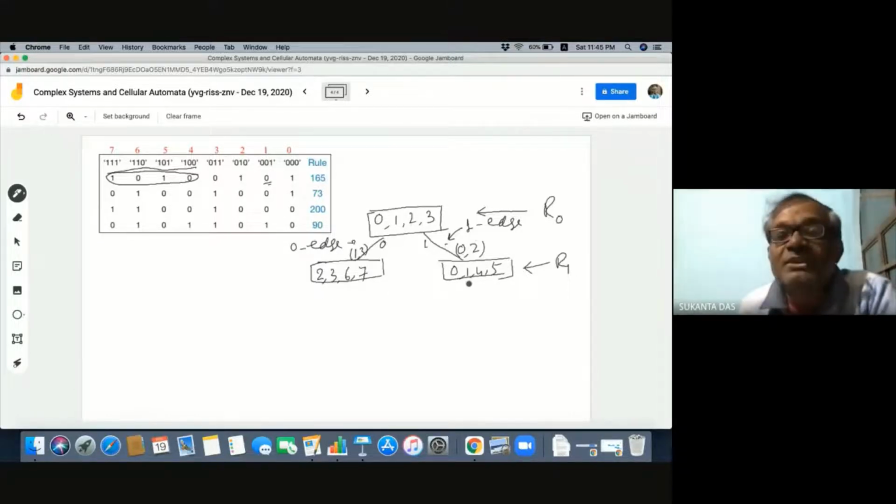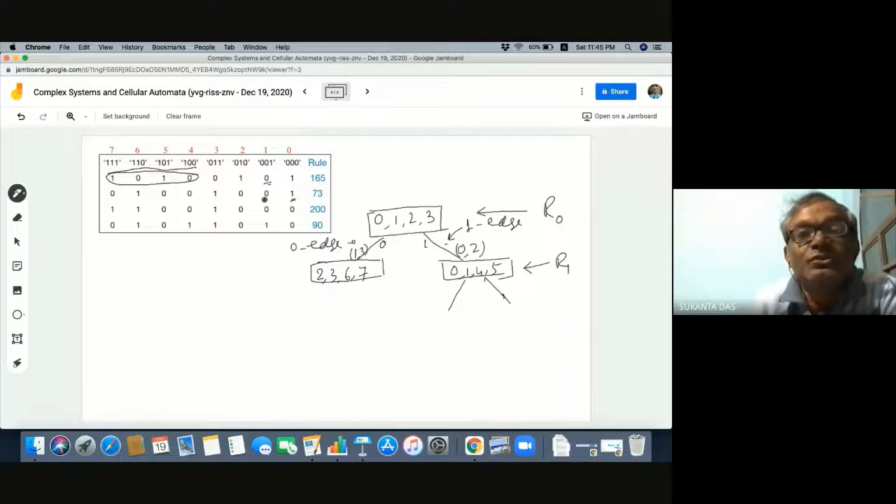Okay, I am expanding one. Say I am expanding this one, 0, 1, 4, 5. This is for R1. Look at it: 0, 1, 4, 5.